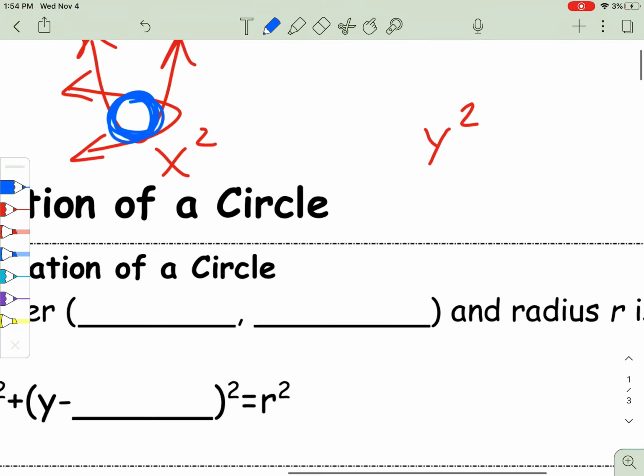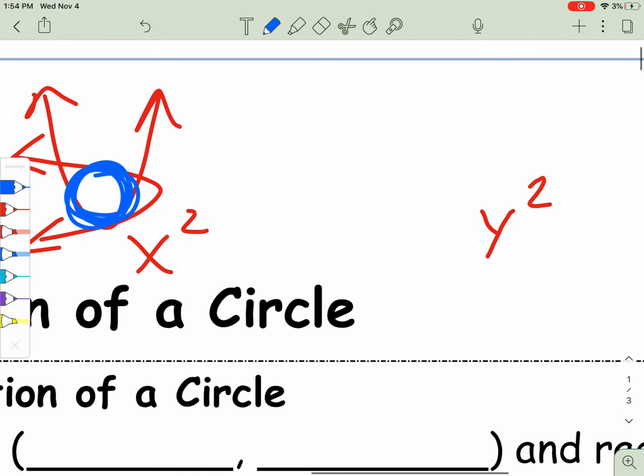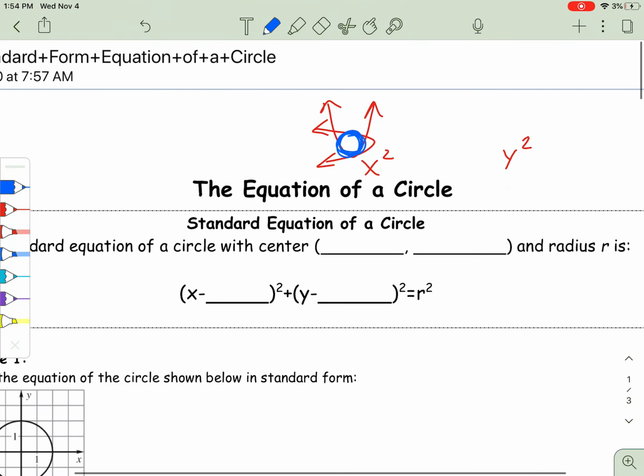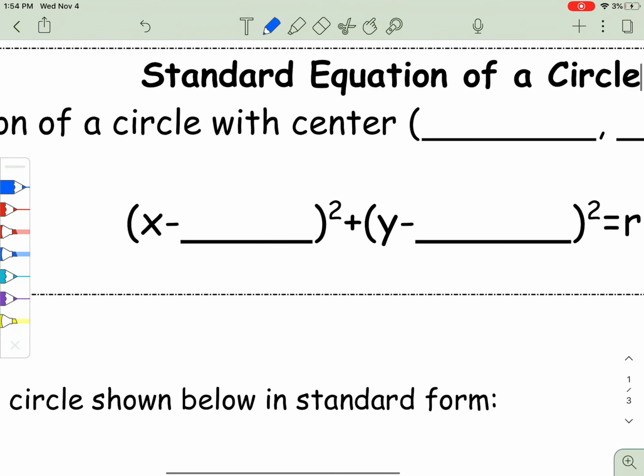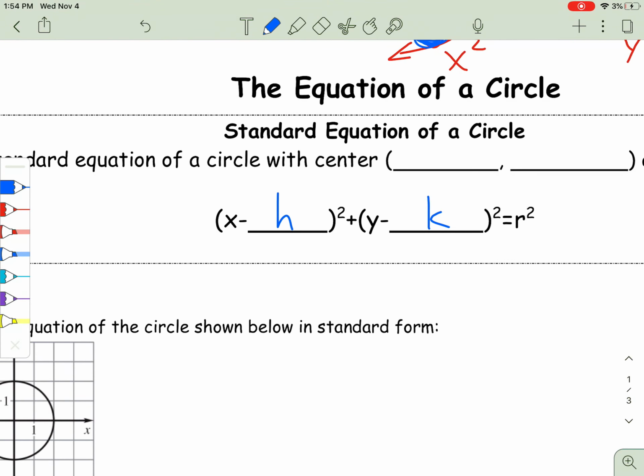So that's what helps me remember the formula for this, is that I had an x squared and a y squared parabola, and if you put them together, it seems the same way, because the equation for a circle is (x minus h) squared plus (y minus k) squared equals r squared. So you have this x squared component, this y squared component, and then this r squared component.